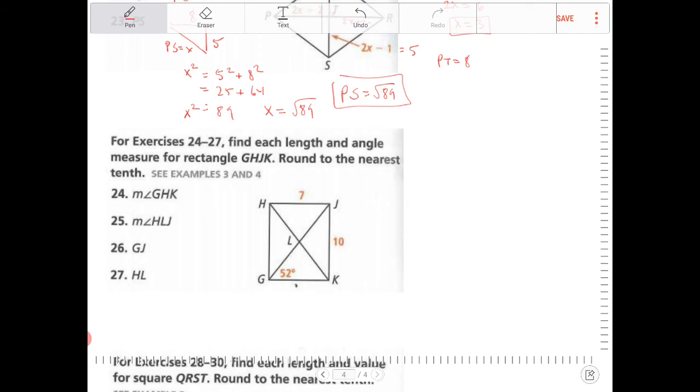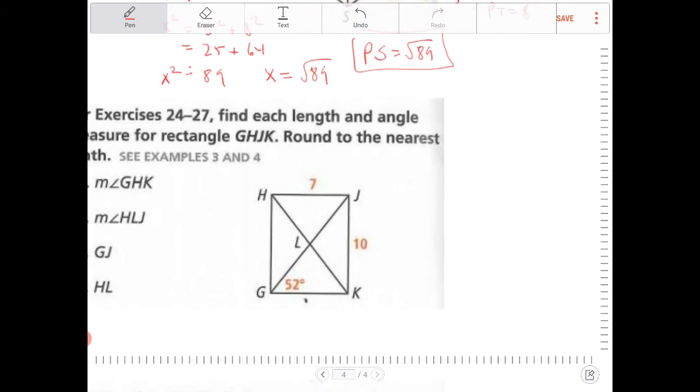Okay, moving on. GHJK is a rectangle. If that's the case, then this angle over here is 52. That means this angle over here is 38. This is 38. This is 52. This is 38.